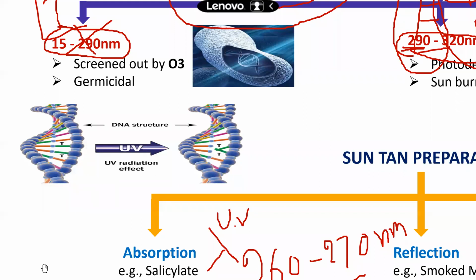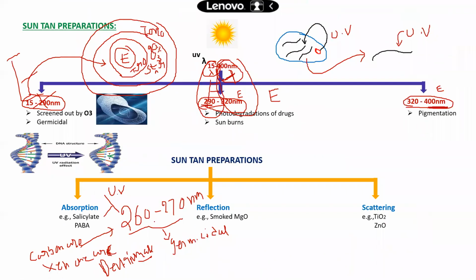Now you pass the UV radiations. What happened? Observe, friends. This is the DNA. This is the adenine, this is the thymine, this is the guanine, this is the cytosine.